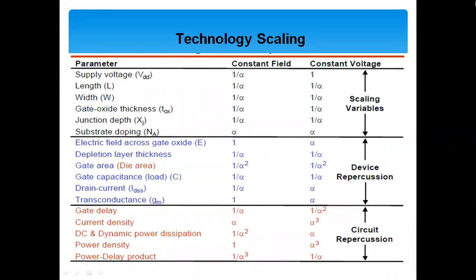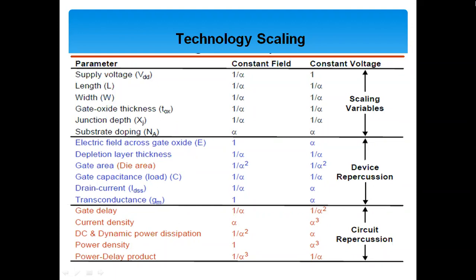So this is the total scenario of the scaling variables, then device repercussion and circuit repercussion. So what are the different variables? We are talking about constant field scaling: supply voltage, channel length, channel width, gate oxide thickness, junction depth, and substrate doping. Now with these parameters, when you scale down, the device will get scaled down by alpha.